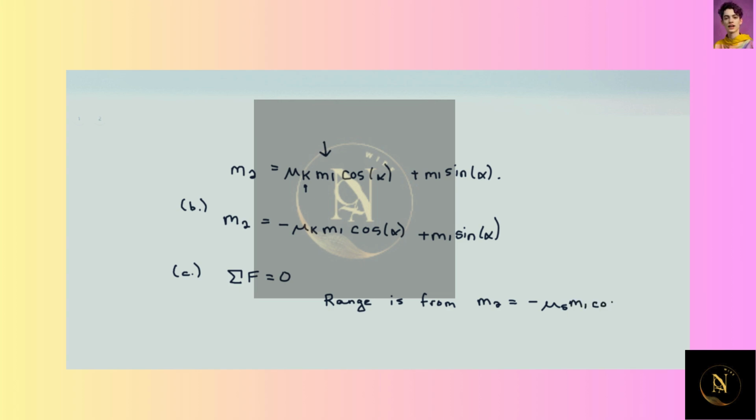But everything else remains the same because we still have these contributions from those forces. So that's the lower bound for m2. If m2 is less than that, then the coefficient of static friction cannot stop the block. The block has to move at that point.